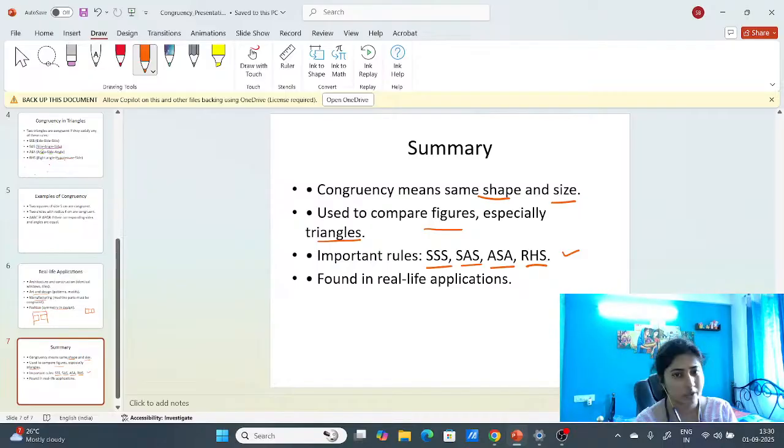What you have to remember is that congruency means same size and same shape. So if you take different lengths and make different triangles, cut them out, place them on one another and check if they are congruent or not, and let me know. I think you will enjoy this process.